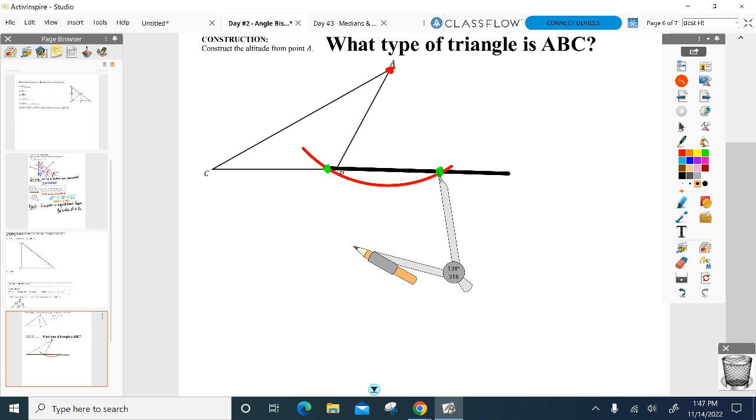And then go to each point of intersection on extended side BC and make two more arc marks that intersect.